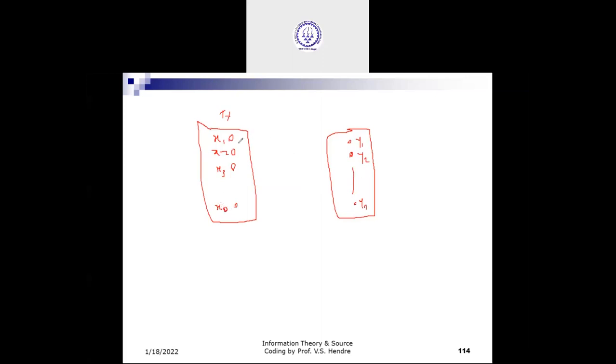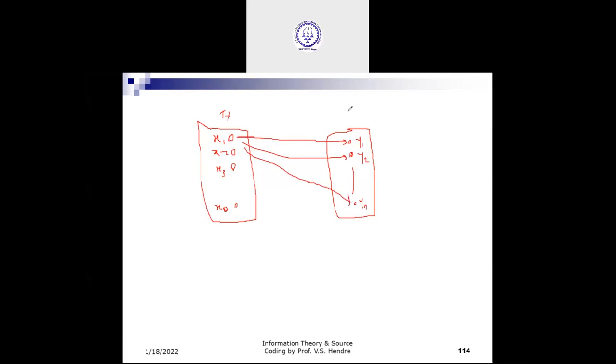Now what happens in the channel? Suppose I transmit x1 from the transmitter. At the receiver I may get y1, or if I transmit x1 I may get y2, or I may get yn.